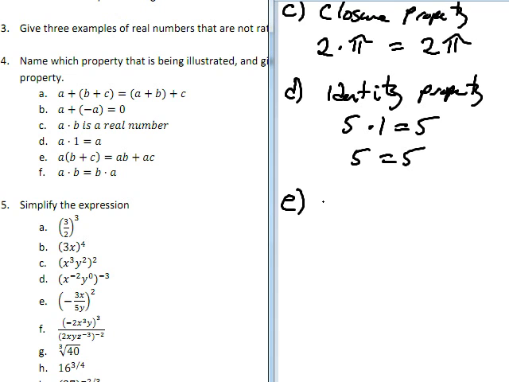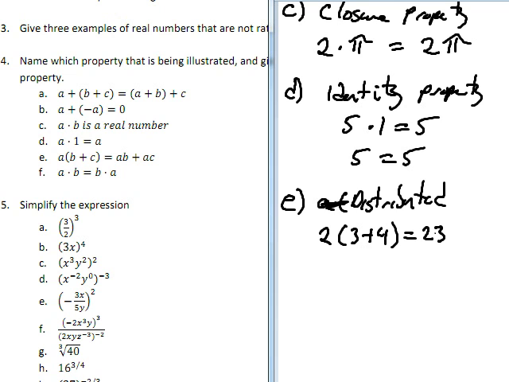So that's a distributive property, and I'm going to go 2 times (3 plus 4) is equal to 2 times 3 plus 2 times 4.